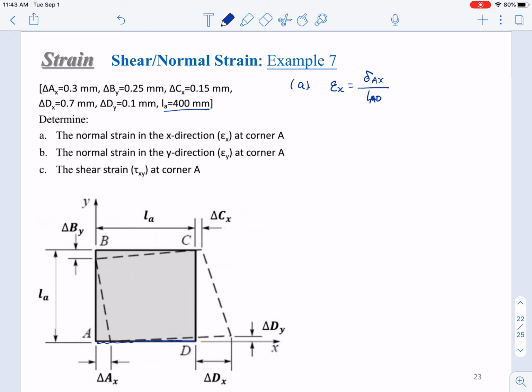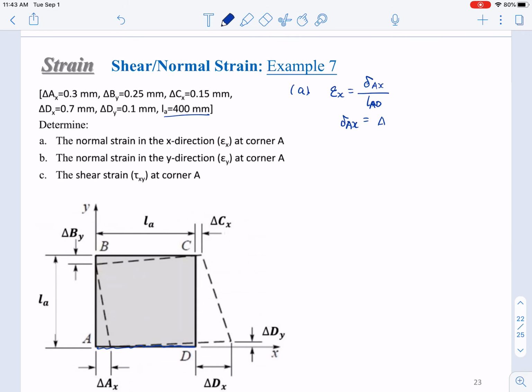So what is the overall deformation or change in length? It can be calculated as delta DX minus delta AX. On one side it becomes larger, and the other side it becomes smaller.